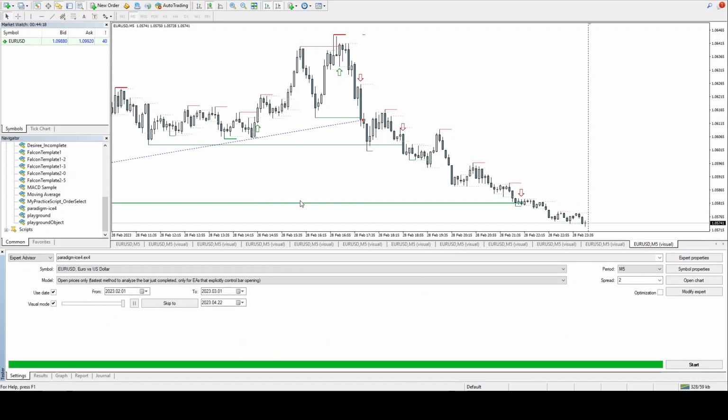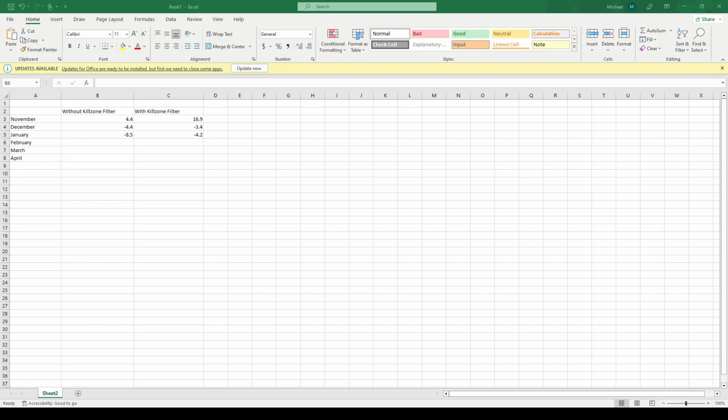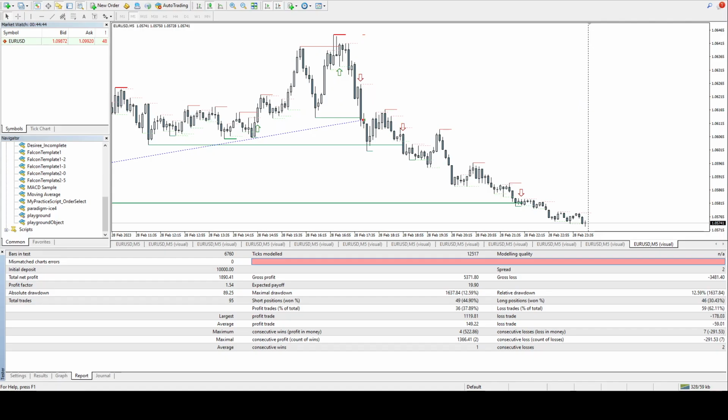Just to be sure, I think yes, so without the kill zone filter. So let me record that: 18.9% profit without Q zone filter.